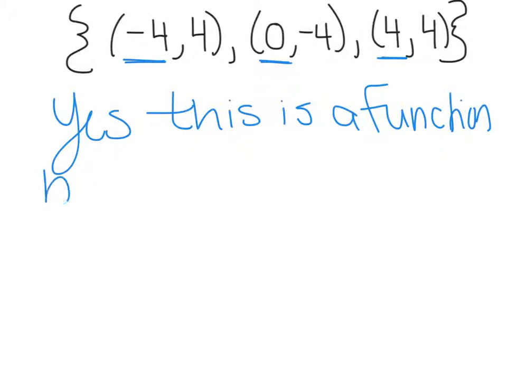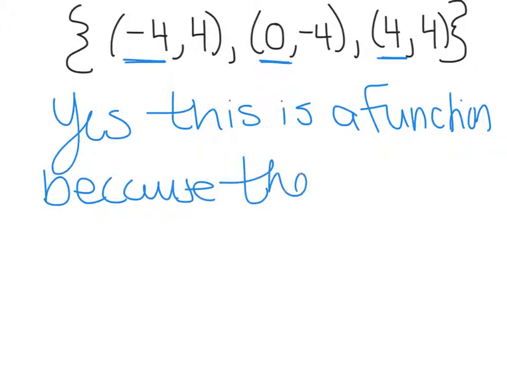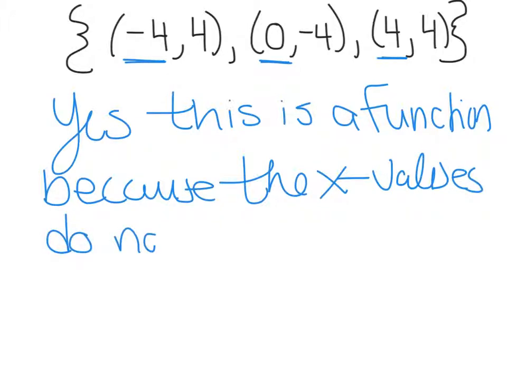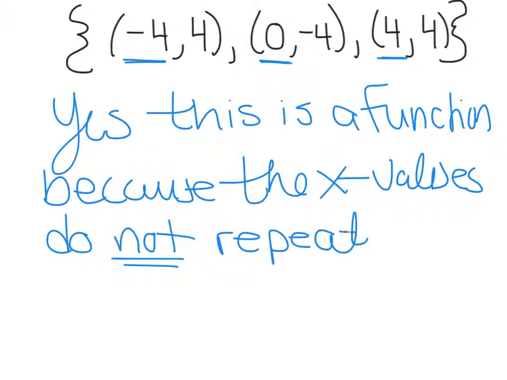And you would say something like, because the x values, or also we call those sometimes inputs, do not, that's the key part, repeat. If they repeated, it would not be a function.